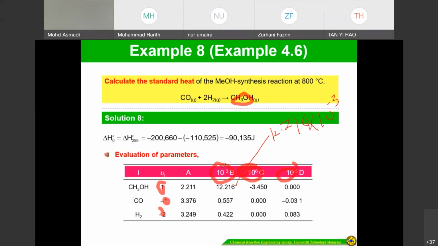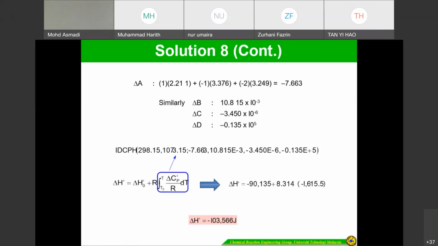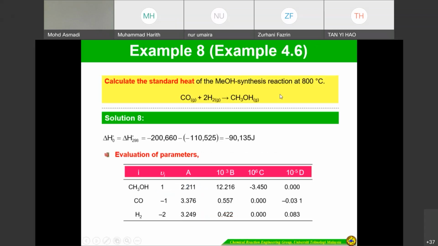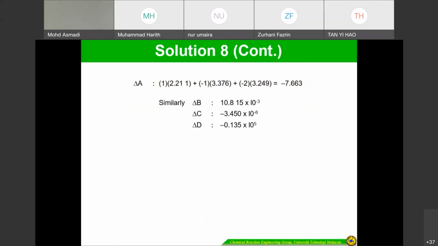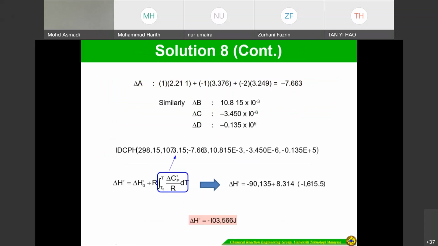Please remember this one. This is -3, this one -6, this is 5, but in the table they write it in the opposite. Please remember that. And then summation, for example for A, times the stoichiometry for methanol, hydrogen, and CO2. So from the summations you can get A, B, and also C.